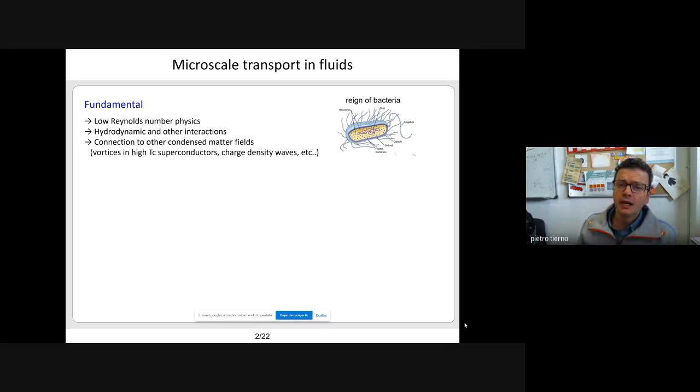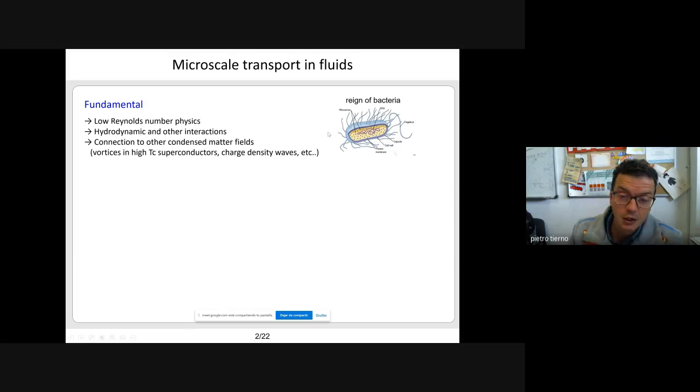So why is it important to control the transport of matter at the microscale, especially in fluid media? Well, there are fundamental reasons, because if we investigate the physics at low Reynolds number, we can understand the dynamics of, for example, microorganisms and many biological systems. This is the realm of bacteria.